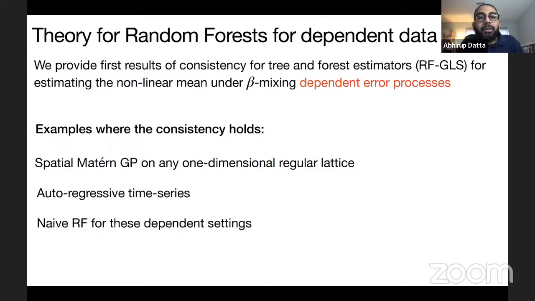And we showed that we could have consistent estimates of the mean function when using RFGLS. Some examples where the theory holds are if you have spatial Matern Gaussian process on a one-dimensional regular lattice as your random effect and a nonlinear mean function as your fixed effects. Autoregressive time series is another example where the theory holds.